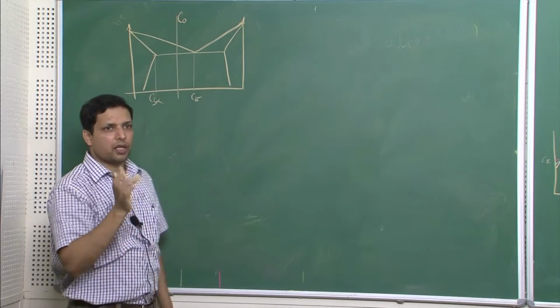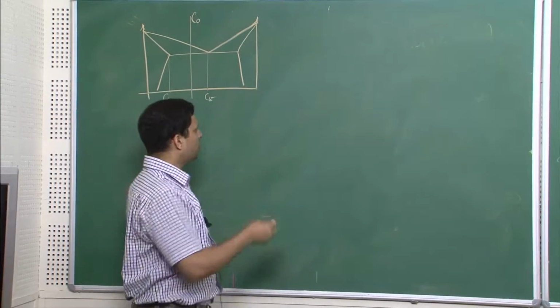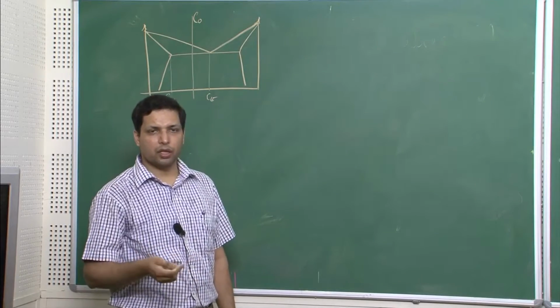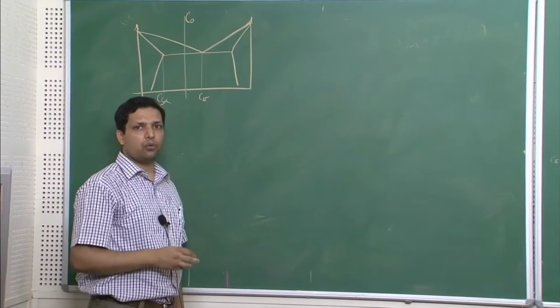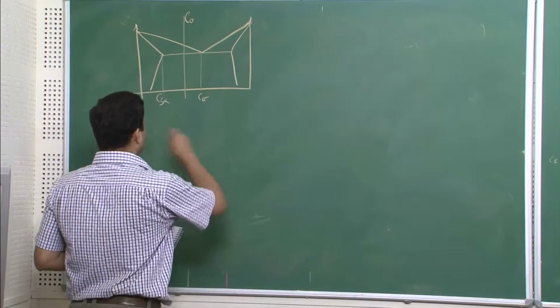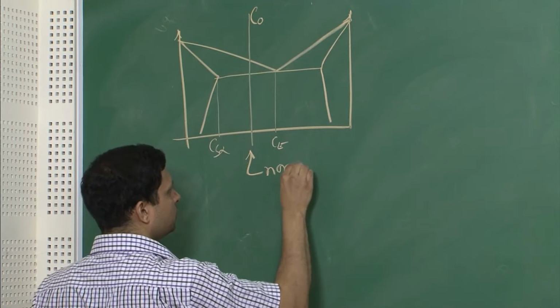So once we have this general form of the relation, we can get to the more specific value of Ce. We can simply put C naught equal to Ce, and then we'll see what difference it makes. So this is a non-eutectic composition.